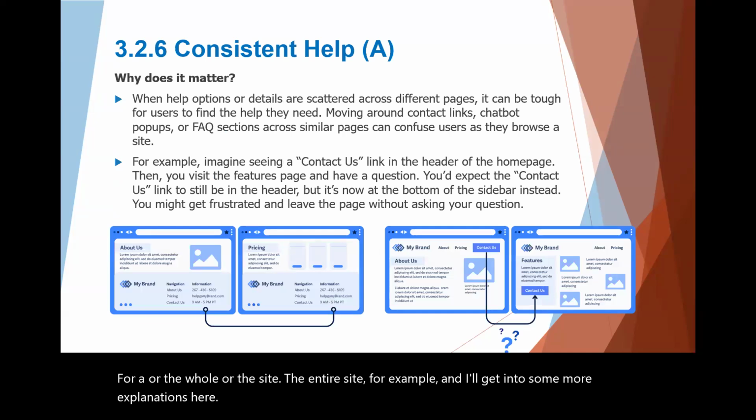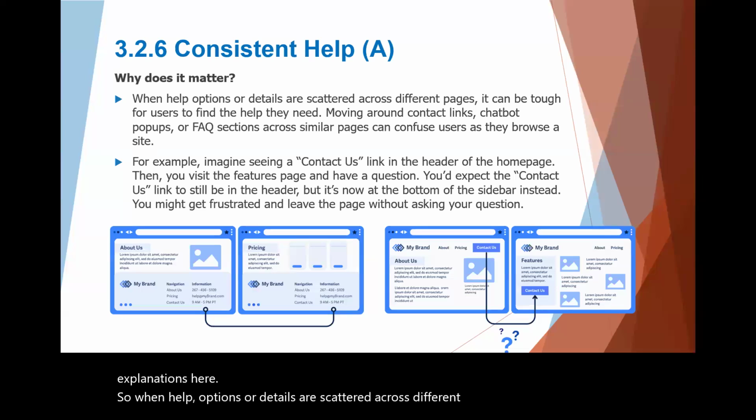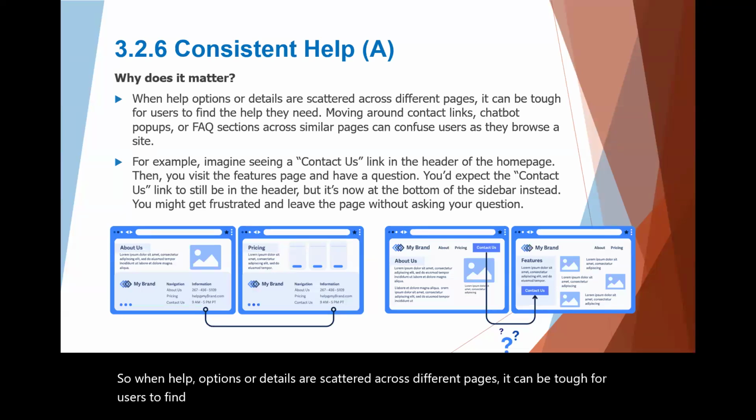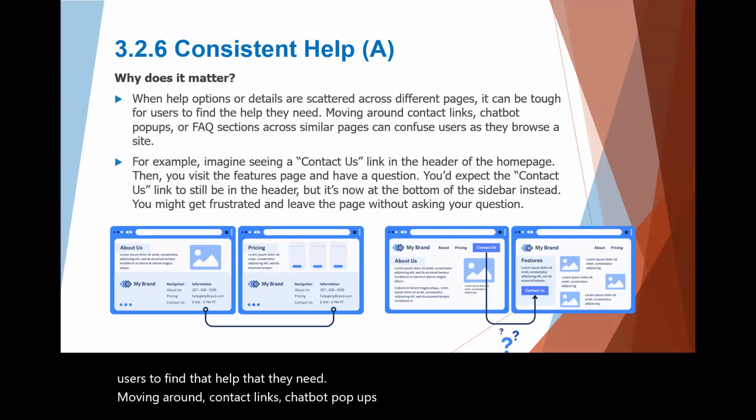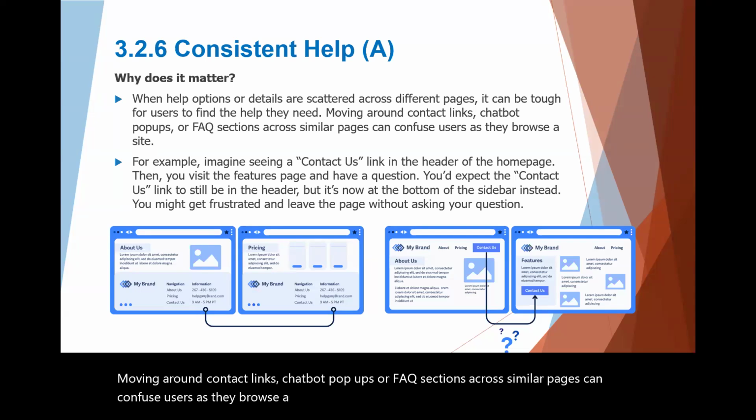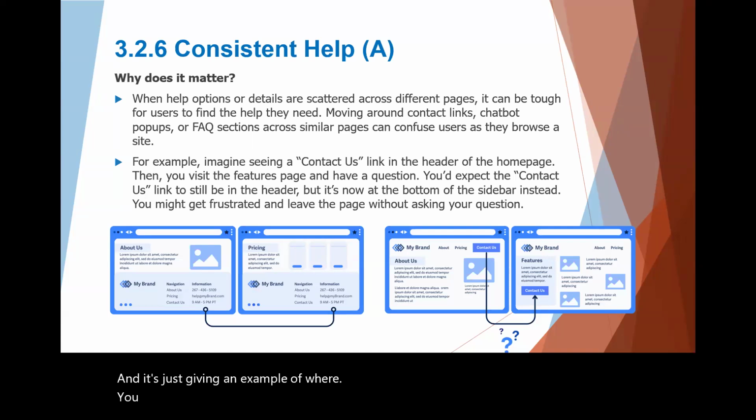When help options or details are scattered across different pages, it can be tough for users to find the help they need. Moving around contact links, chatbot pop-ups, or FAQ sections across similar pages can confuse users as they browse a site. We have a couple of examples here. On the right, we have a contact us button, and in two different layouts of grouped pages, the contact us button got moved to a different spot.